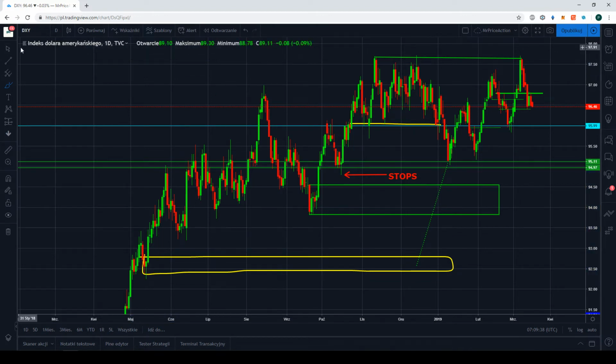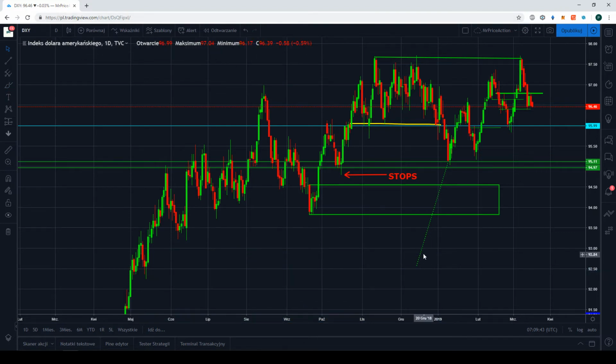So let's make some cleaning on the chart. So that's how it looks from the dollar perspective, from the dollar basket perspective. Let's switch to the MT4 again.